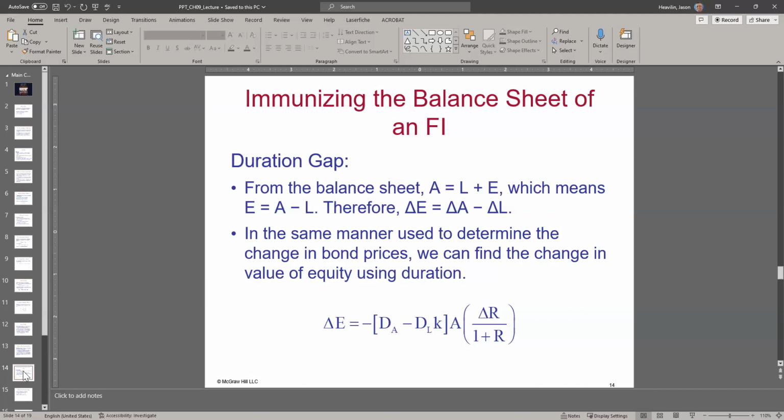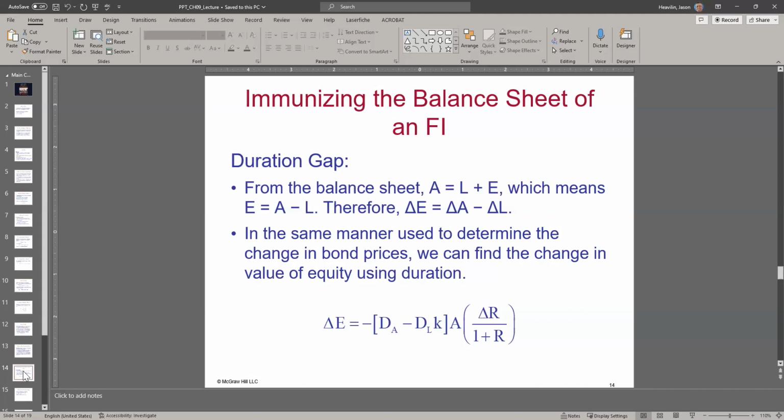As liabilities go up in the capital structure, there's more and more risk. Your leverage is just going up. From the balance sheet, quick review: assets equals liabilities plus equity, which means equity equals assets minus liabilities. Therefore, mathematically, the change in equity equals the change in assets minus the change in liabilities.